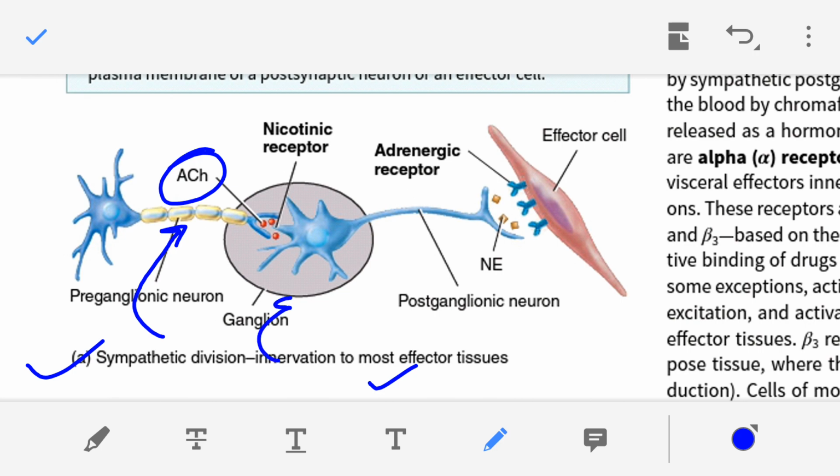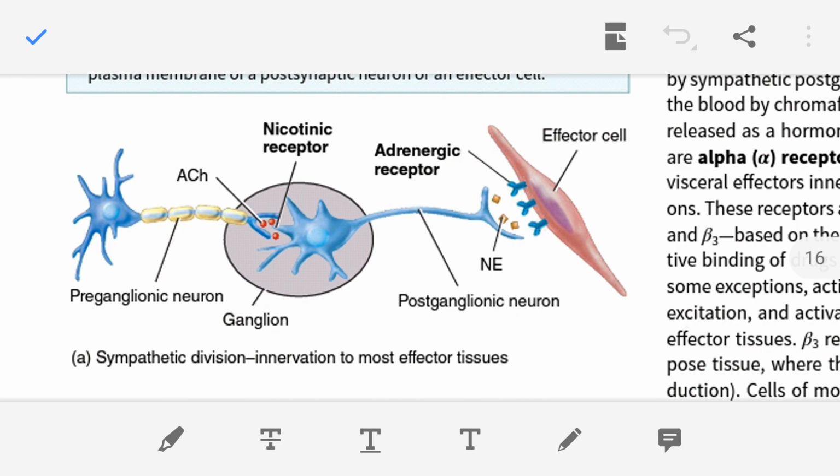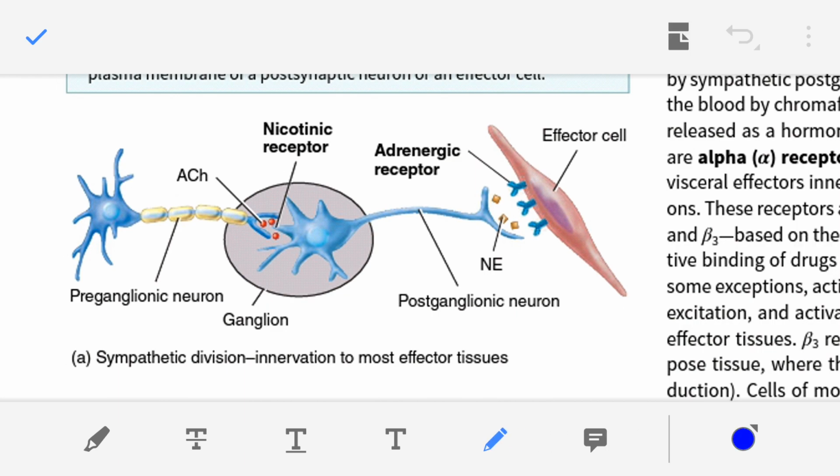Now this is the ganglion, and this is the synapse between the preganglionic and postganglionic neuron. As you can see, on the dendrite of the postganglionic neuron a receptor is present. This is the nicotinic receptor, and ACh is accepted by this nicotinic receptor.